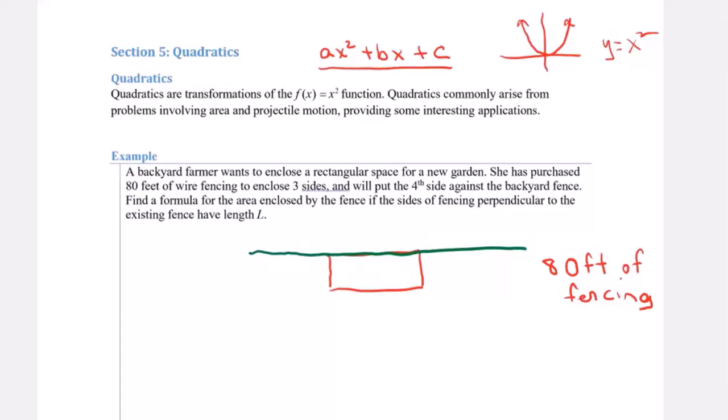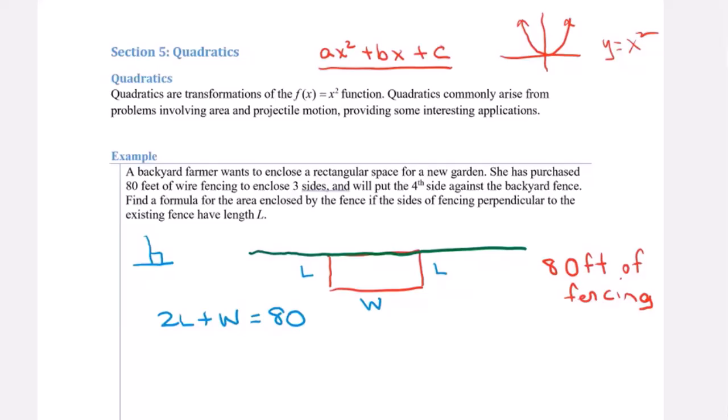So we can say this is L, this is L, and perpendicular just means that there's an actual corner. And we also have whatever this length is. Let's call this width, okay? And if we add up 2L plus W, I have 80 feet.